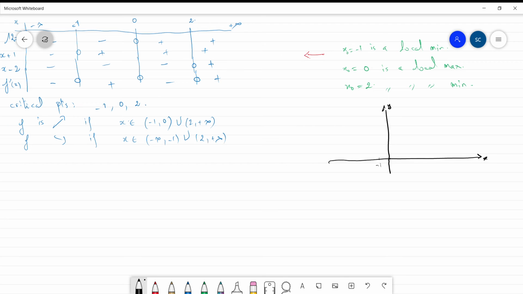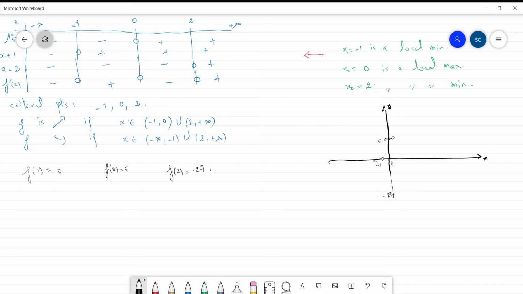The value of the function at 0 will be 5 units, let's say 5 is here. Here is a point where we have a horizontal tangent. f at -1 is equal to 0, f at 0 is 5, and f at 2 is -27.